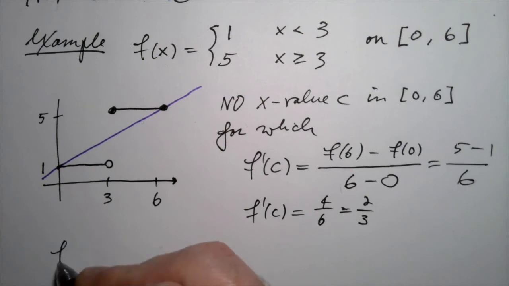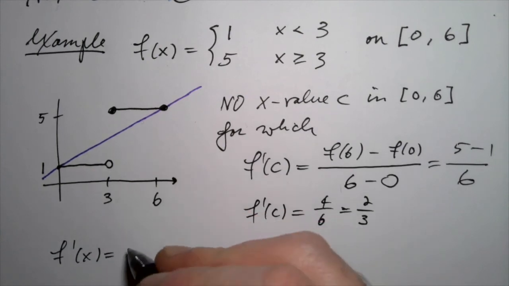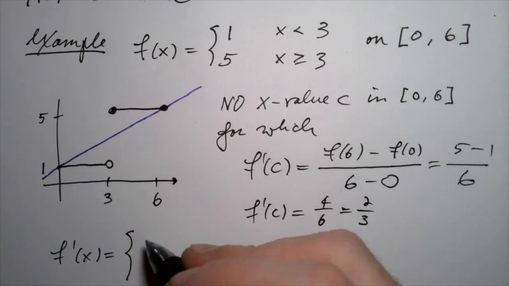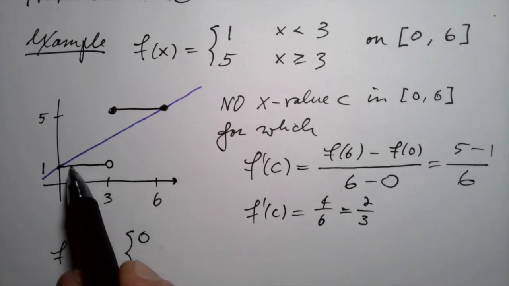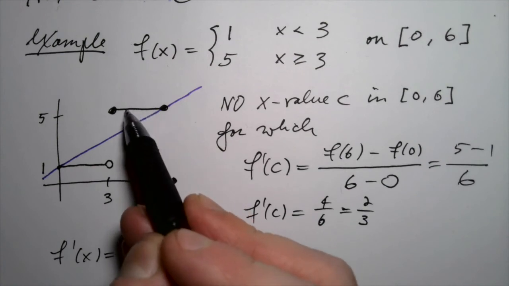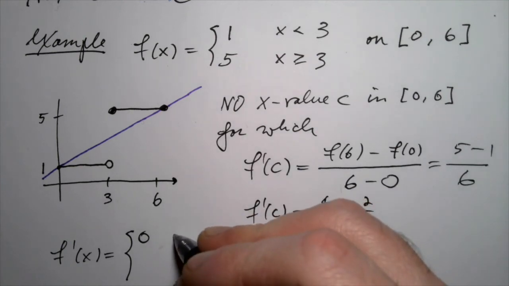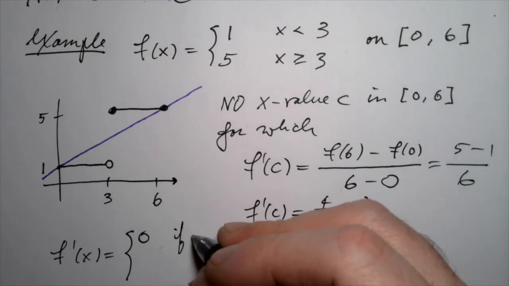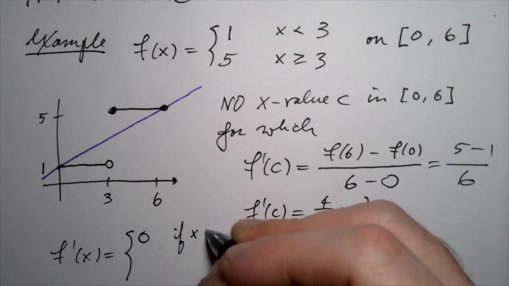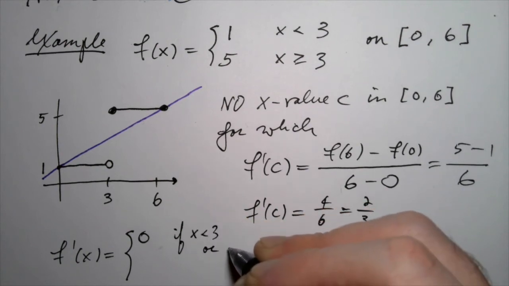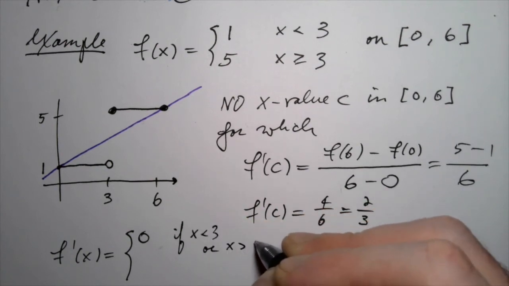Indeed, you can compute that the derivative is just 0 for all these spots where it's a constant function in between 0 and 3 and 3 and 6. So it's 0 if x is less than 3 or bigger than 3.